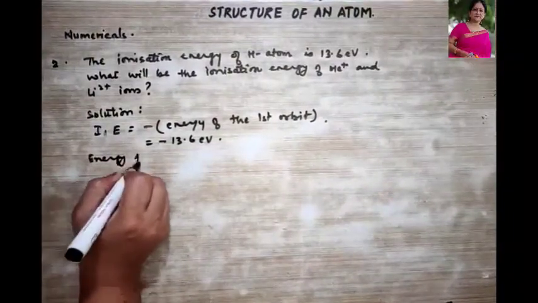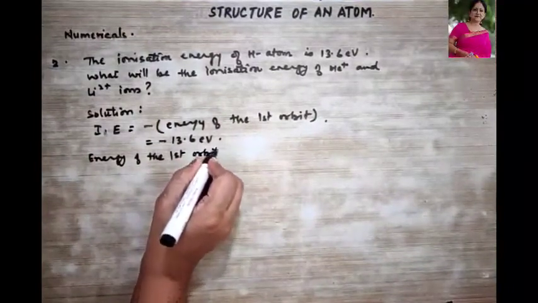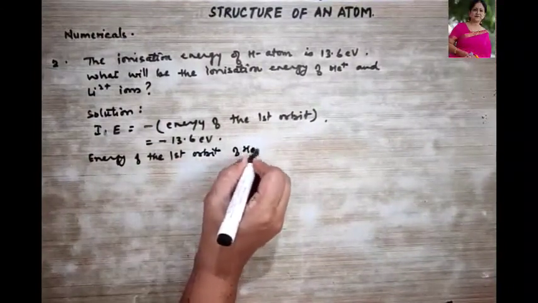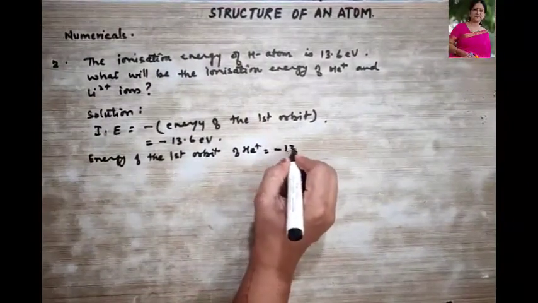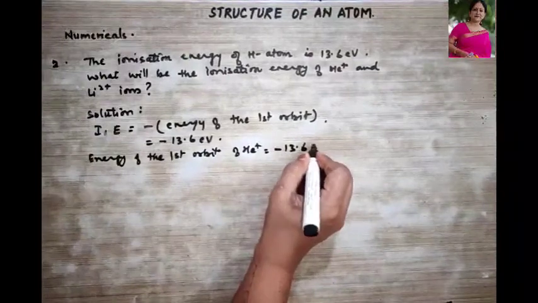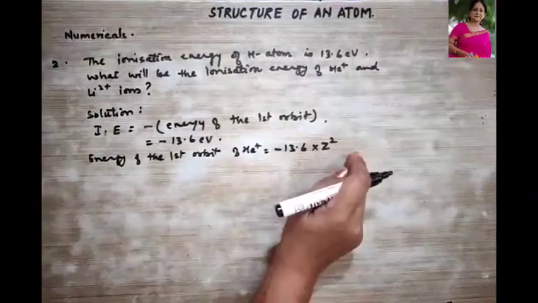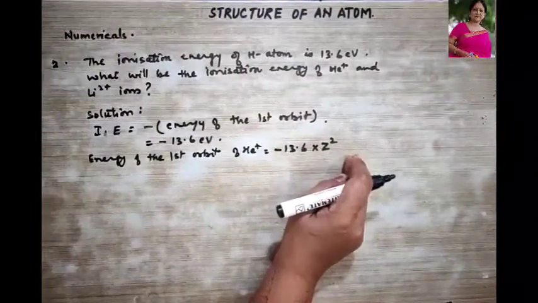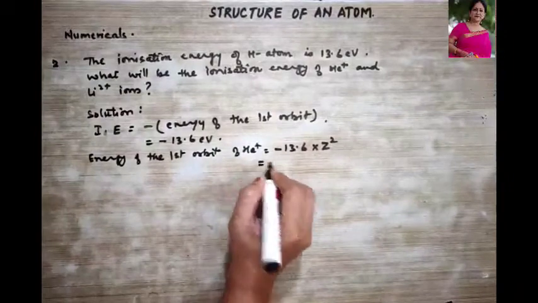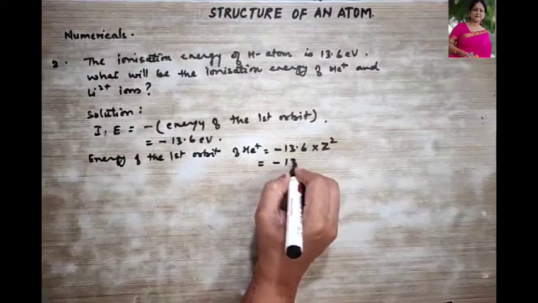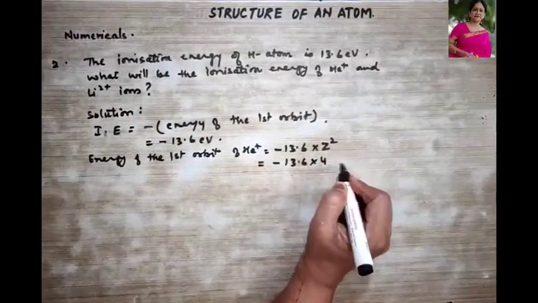Now the energy of the first orbit of helium ion will be equal to how much? Minus 13.6 into Z square. Now what is Z? Z is the atomic number of helium. What is the atomic number of helium? 2. So this will be equal to minus 13.6 into 2 twos are 4.